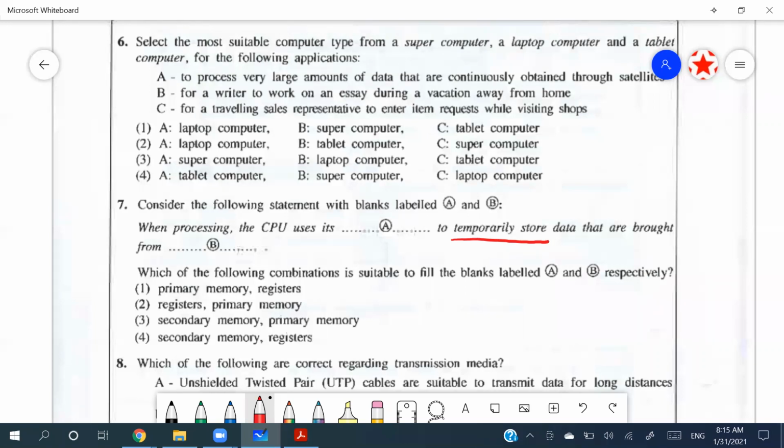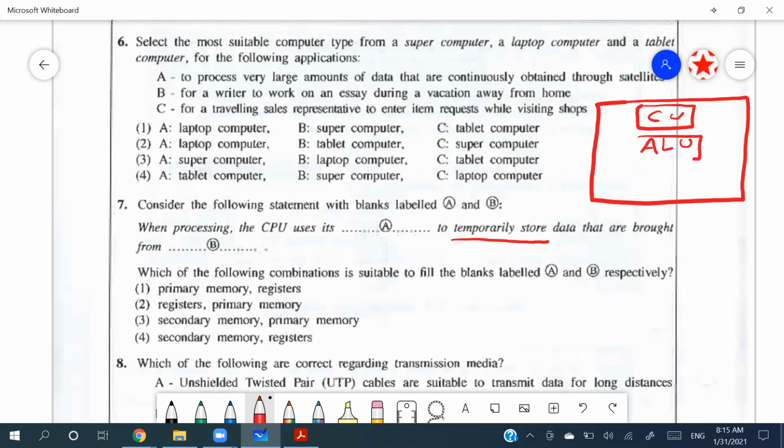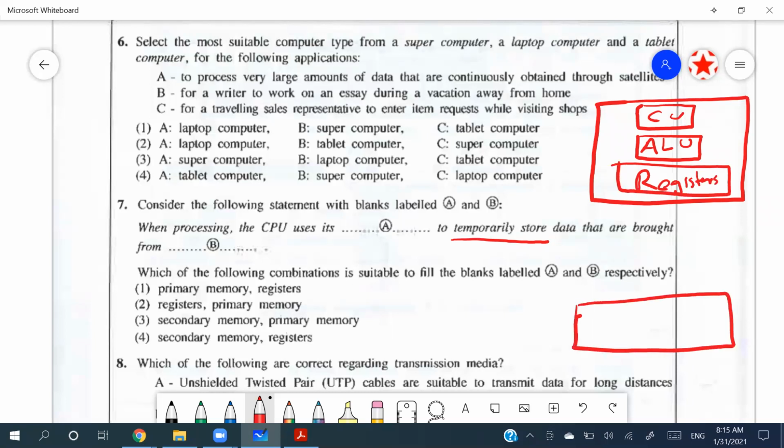The CPU, as you can remember, contains three components: the CU, control unit; ALU, arithmetic and logic unit; and registers, right? And there is the primary memory and secondary storages. In this case, this is going to be RAM and the other storages.